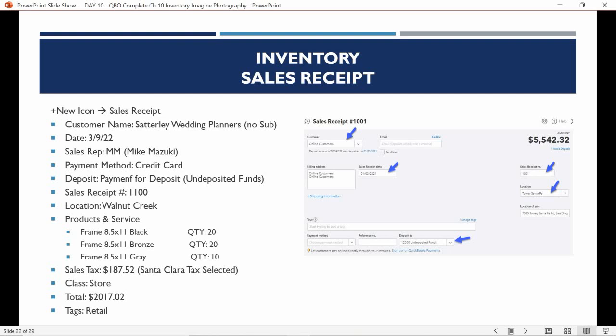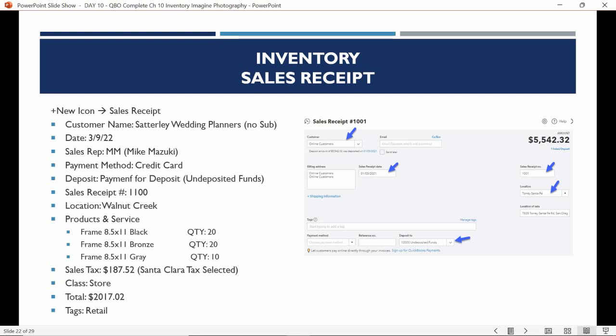So let's take a look at the first example, if we decide to sell our product. We're going to create a sales receipt to Satterley Wedding Planners, okay? No need for a sub-customer. We're just selling it directly to Satterley, and we're going to sell it on March 9. Mike Mizuki is going to be the representative here on a credit card, and we are going to sell to the Walnut Creek location.